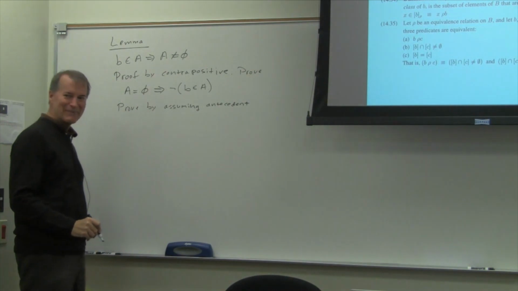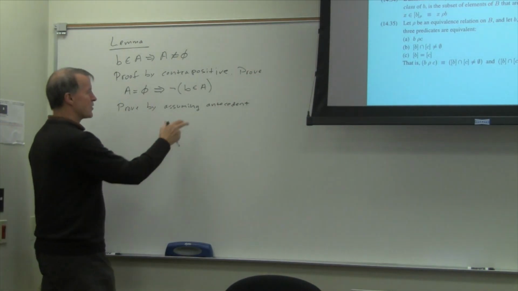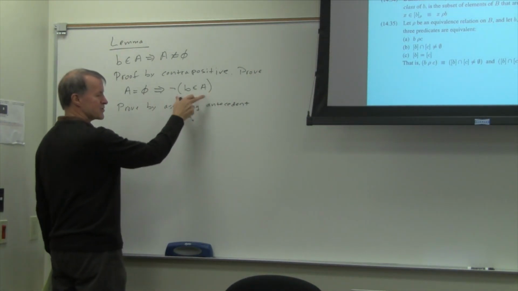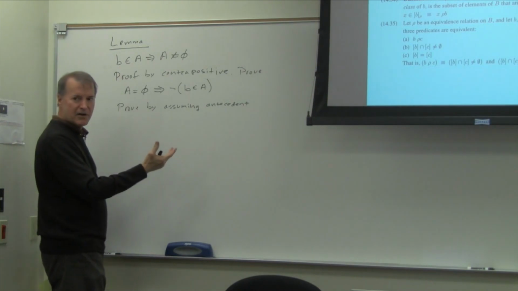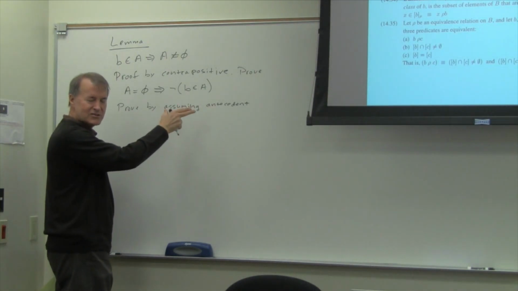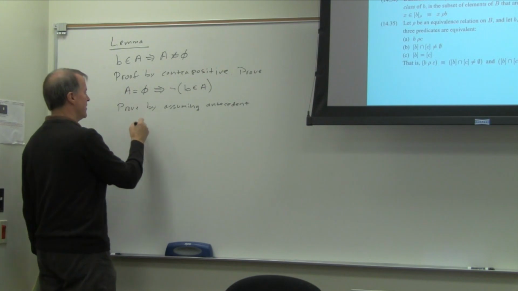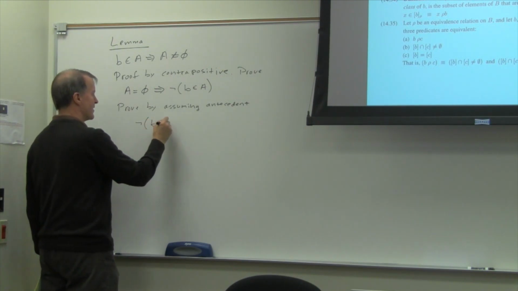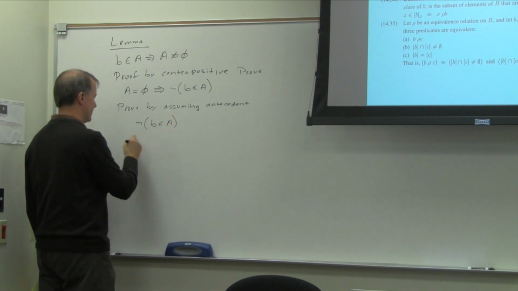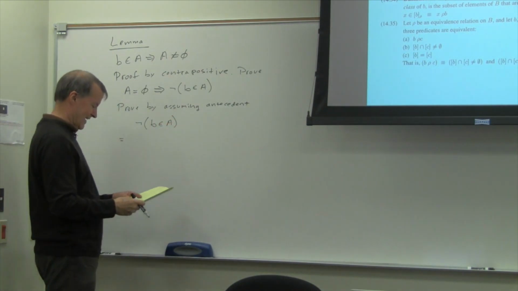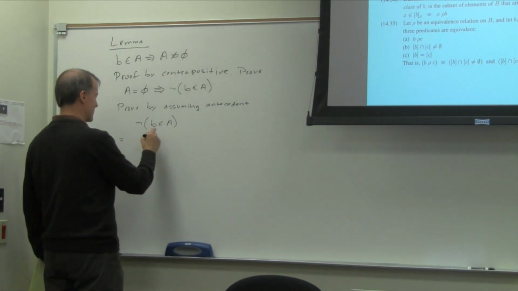Sometimes that does happen. You have a lemma in a lemma. So what we'll do is we'll start with the consequent and we'll get it to true. So it's not b is an element of A, equals, by assumption.